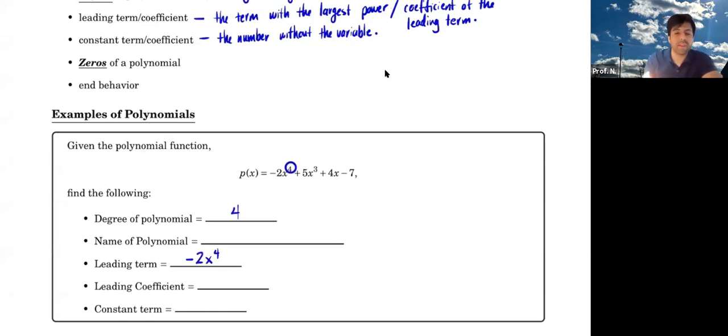Well, it's going to be the coefficient of the leading term, so it's going to be negative 2. No x, there's no x to it. It's just negative 2. A coefficient is just the number. There's no variable involved. And then what's the constant term? Well, the constant term is the number that's by itself, just constant there. So that's going to be negative 7.